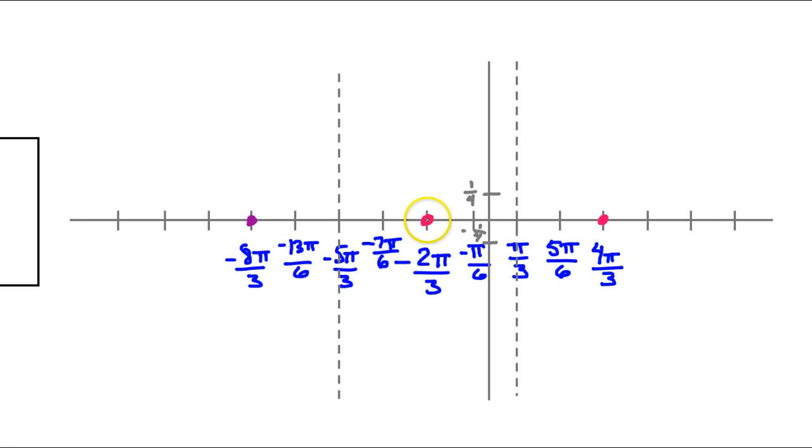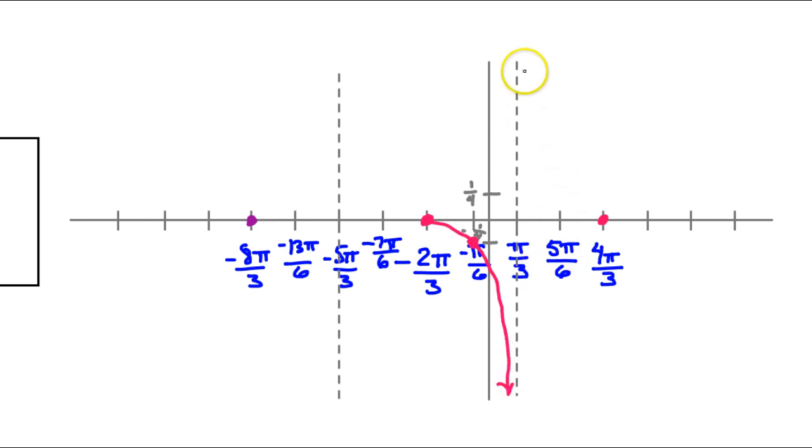Halfway between the midline and the vertical asymptote is where we have a mark, negative pi over 6. But here's my negative 1/4 on the y-axis. So it's got to be falling because it's a reflection over the x-axis, but as it falls, it should pass through this point at the a value halfway. So it's going to fall, passing through that a value and approaching the asymptote.